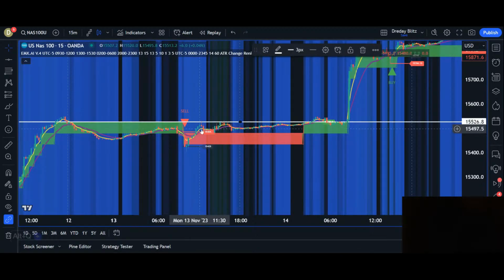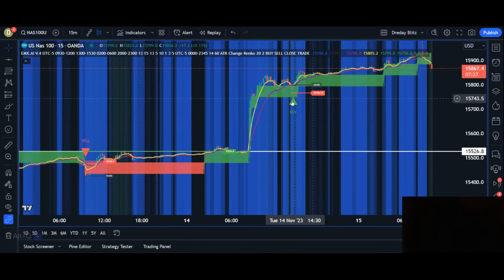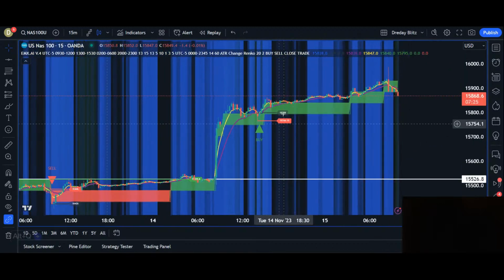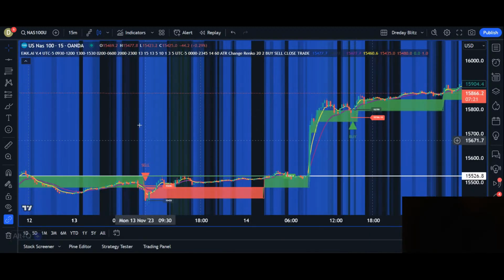When it switched from here to here for a buy, you get out of the trade because you're looking for sell, but it's giving you an indication that the trend is changing. Then you look for buys. The only buy that you had so far was this one, and this buy is currently running in profit.